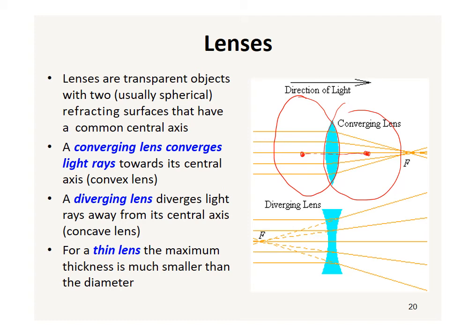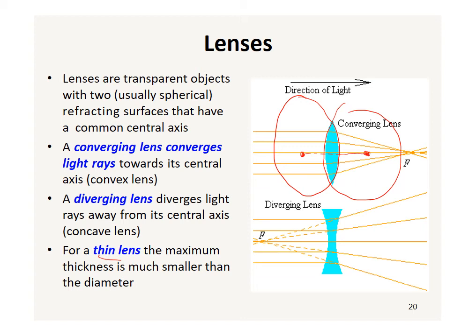What we'll be doing, for a thin lens, is assuming that the thickness of the lens on the axis is very, very much smaller than the diameter of the lens. So the lens is a basic building block in paraxial geometrical optics, and we'll be looking at how it works using ray optics.